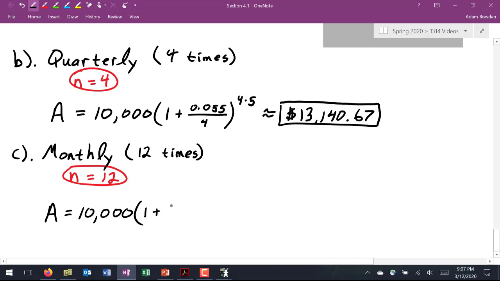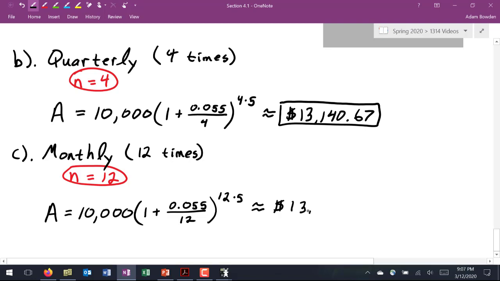So using the formula again, but putting the number 12 for n looks something like this. And if you'd like to calculate this for practice, see what you'd get from calculating it for compounded monthly.